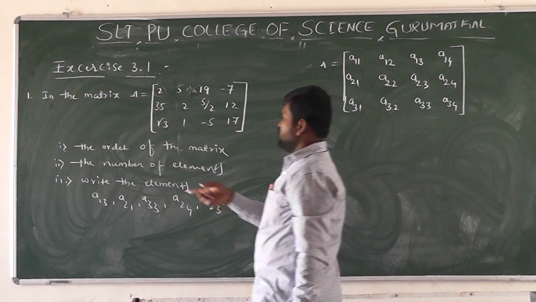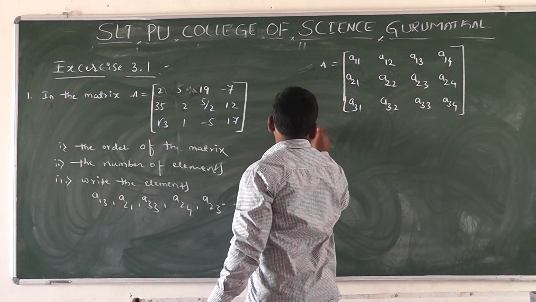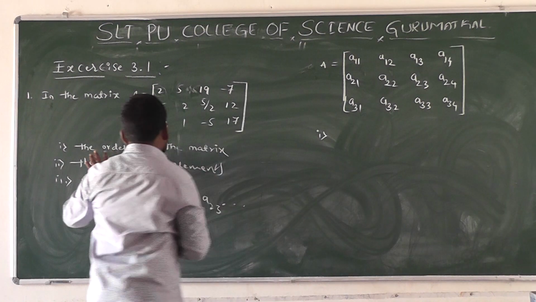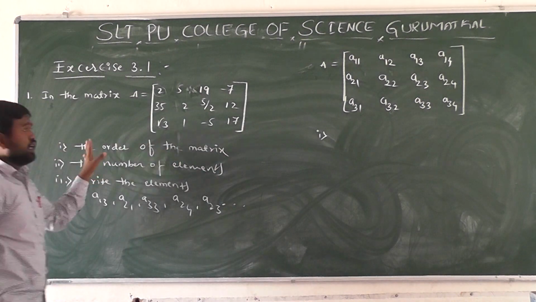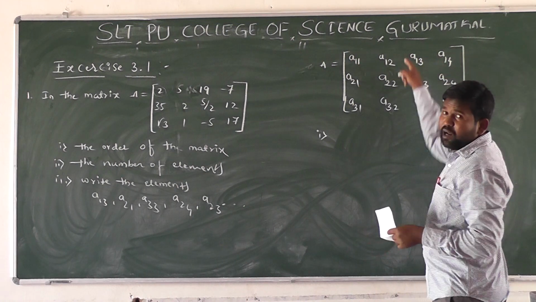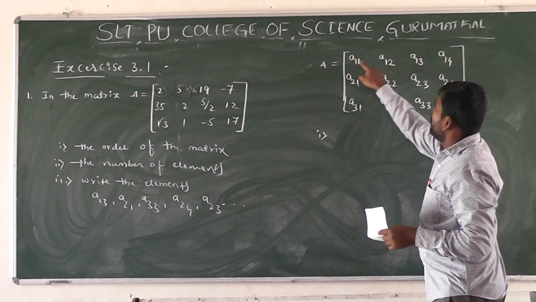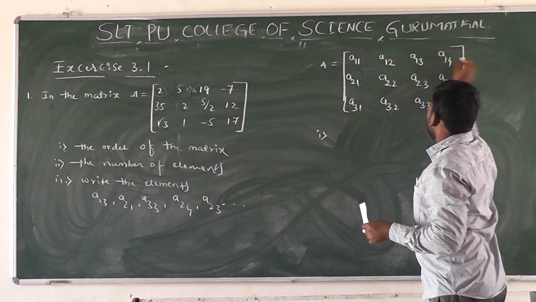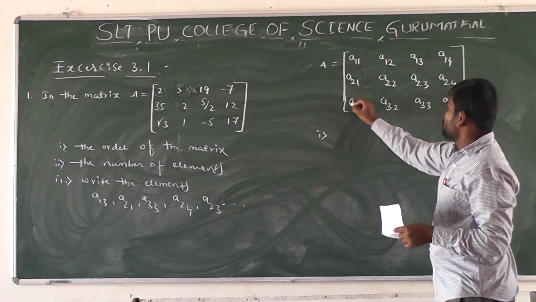Right? What is being asked in the question here? First one, the order of the matrix. The order of the matrix is nothing but the number of rows into the number of columns. How many rows here? This is the first row, second row, and third row.